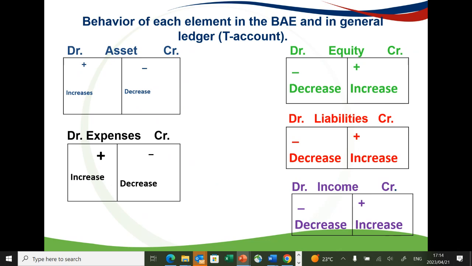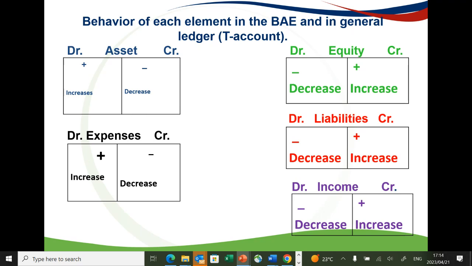So I don't think it should be difficult for us to do the closing journal entries, as long as you master what I've just explained. We are trying to zero out those income and expenses accounts. To zero out an income, we debit that income and credit your profit or loss account. To zero out an expense account, we credit that expense and debit your profit or loss account.